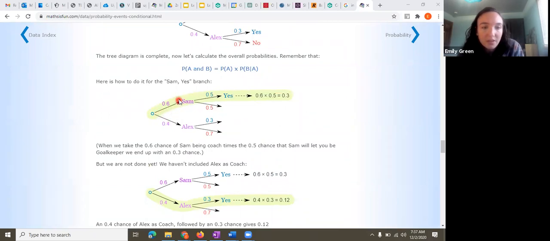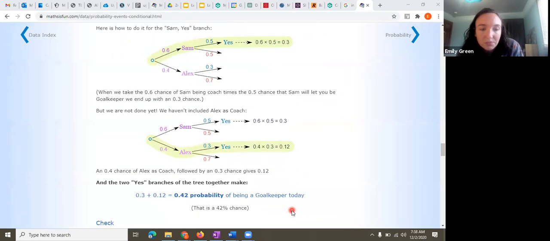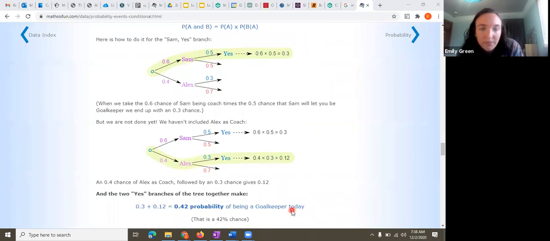Because we have 0.3 and 0.12. How did we get 0.3 and 0.12? Well, we multiplied 0.6 times 0.5, and that gave me the 0.3.